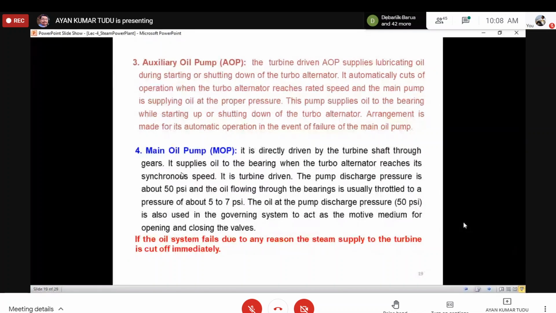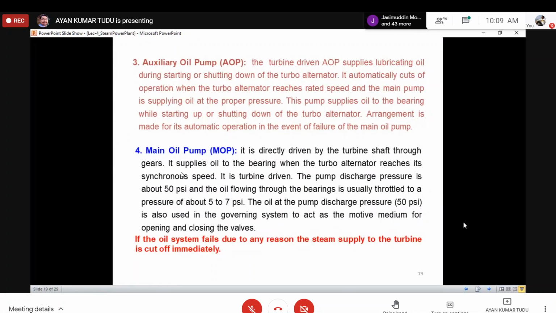Okay, so the oil at the pump discharge pressure is also used in the governing system to act as the main motive media for opening and closing the valves. So if the oil system fails for any reason, the steam supply to the turbine is cut off immediately. It is obvious, because if the oil system fails, there is no oil.